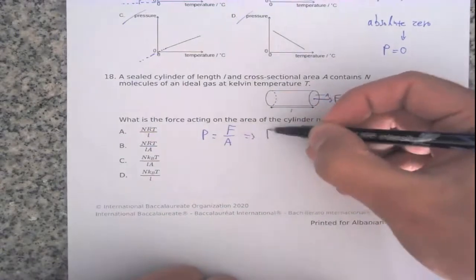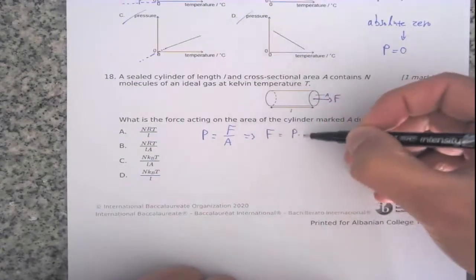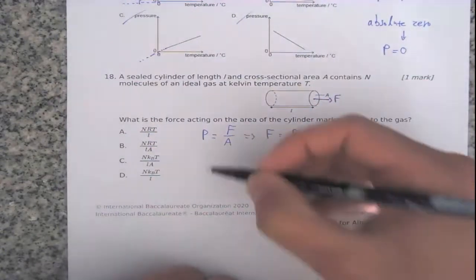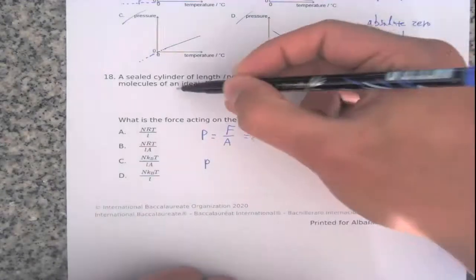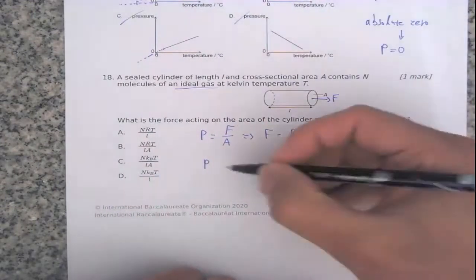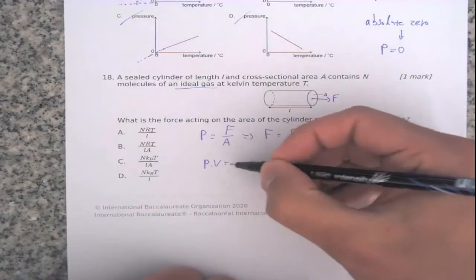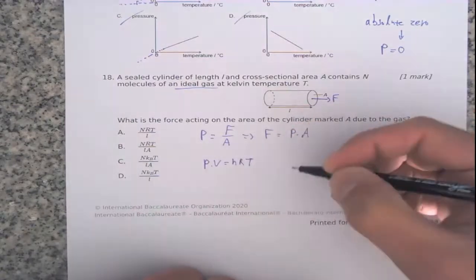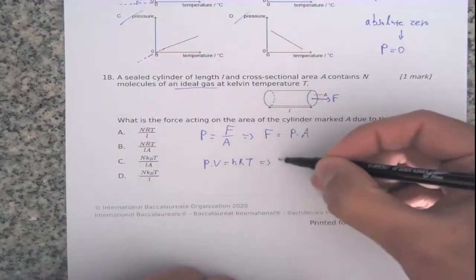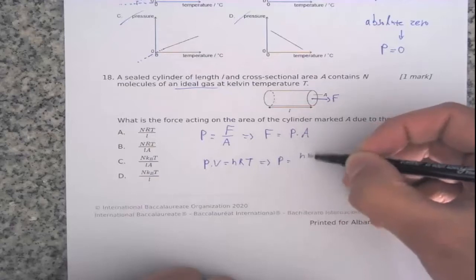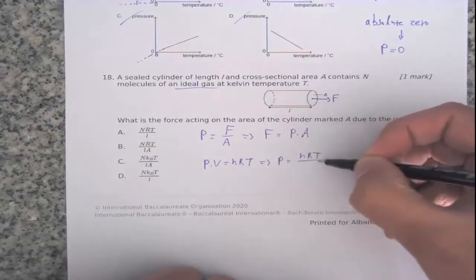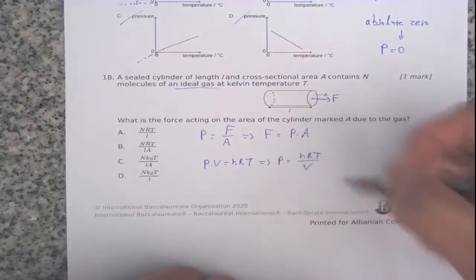From here I need to solve for the force, so it's the pressure times the A. But what is this pressure? The pressure is given by the ideal gas law, P times V is equal to nRT, and I need to solve for P. That is nRT over V.